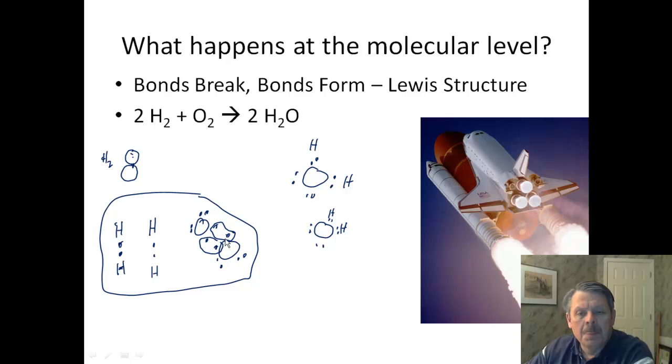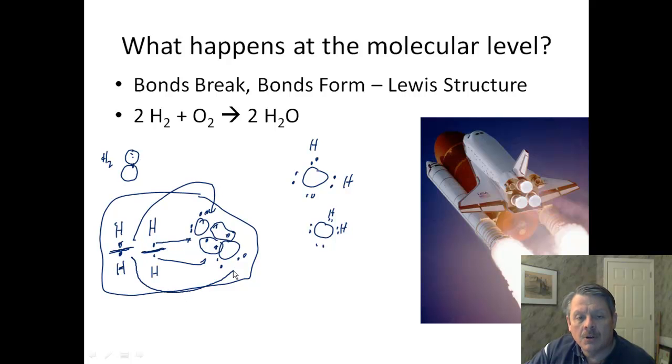So all of our electrons are conserved, but these have to break, and these have to break so that this hydrogen electron can come over here to be with oxygen, and this one can go over here to be with this oxygen, and these guys have to go on the other side.